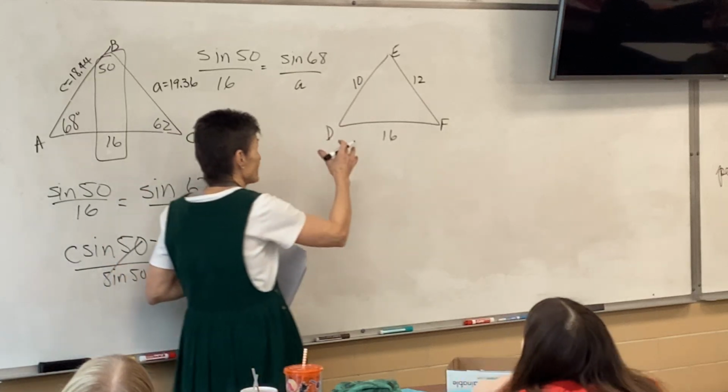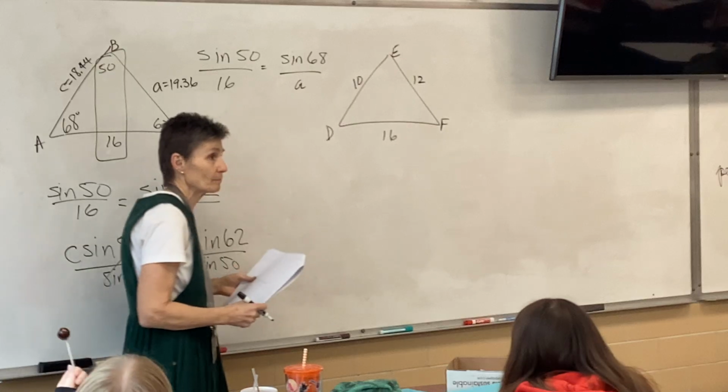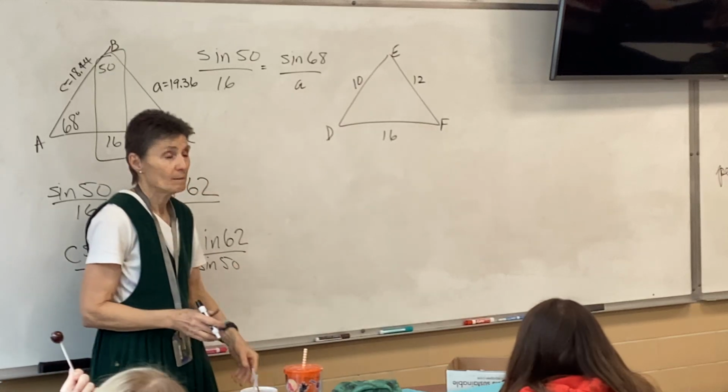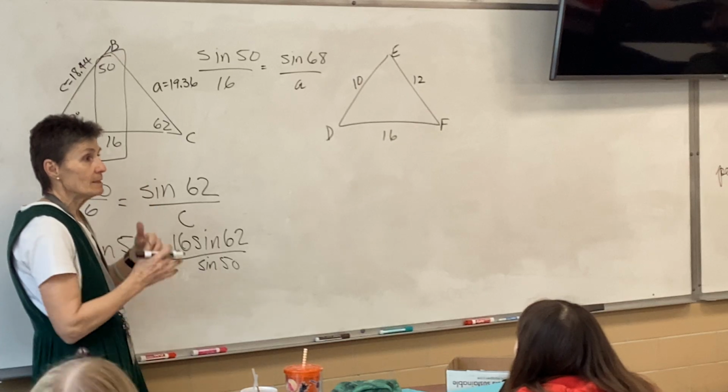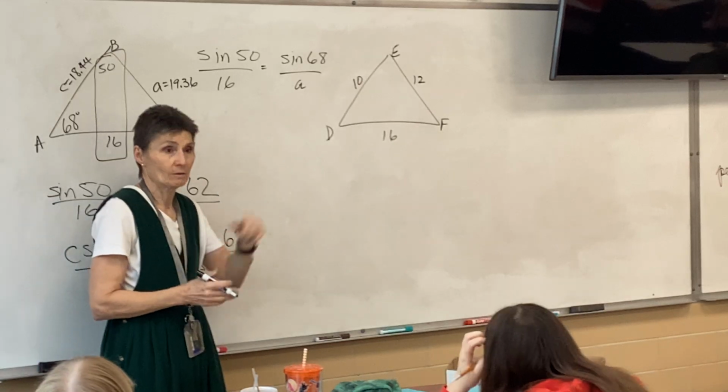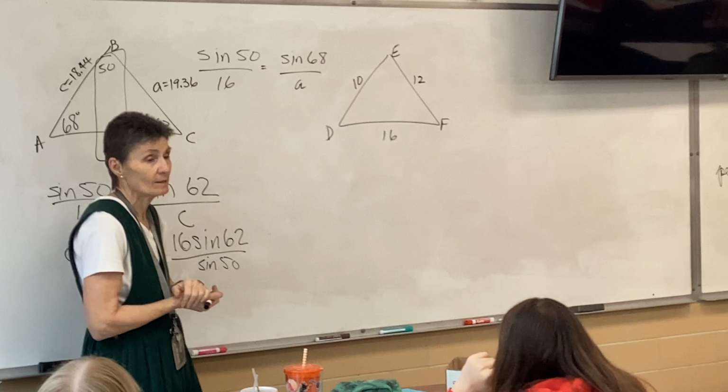So, looking at this, which is it? It's got to be cosines, because we don't have a pair. Now, the law of cosines uses one angle, so pick one. Which one do you want to find, D, E, or F?